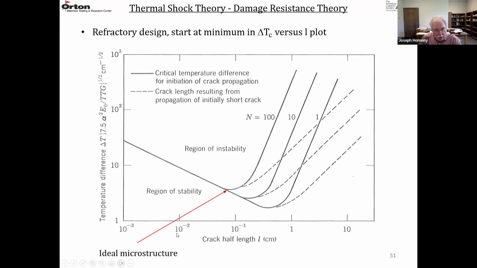And I mentioned at the end of last class, the ideal microstructure for a refractory, when you look at this delta T versus crack length curve, is at the minimum in any of these curves. So that puts you in this quasi-static crack growth mode to the right of any of these minimum values.